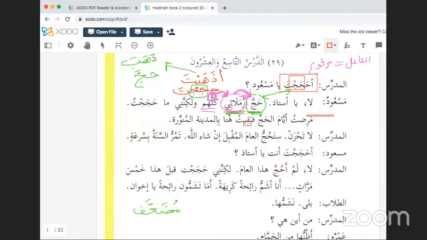One brother hasn't got the mic, and I can't give him the mic for some reason. There's an issue with my cursor. I think he said it's because there's a ya after it. This is the correct answer. There's a kasra here, and this kasra is kasratul munasaba. It's because of the ya that comes after it that forced this kasra to come here. So the kasra is not kasratul i'rab.